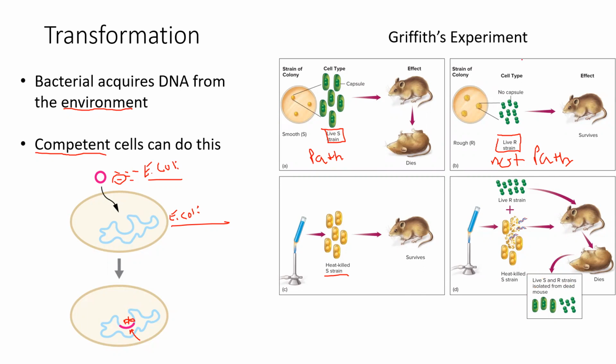So Griffith's experiment let us know about the process of transformation, which allowed us to know that horizontal gene transfer is a mechanism that bacteria can use to acquire DNA from a different organism.